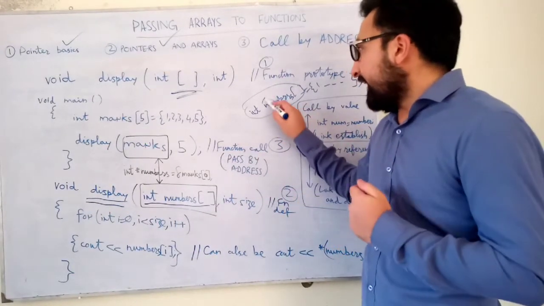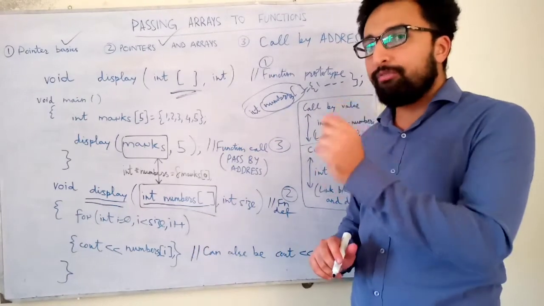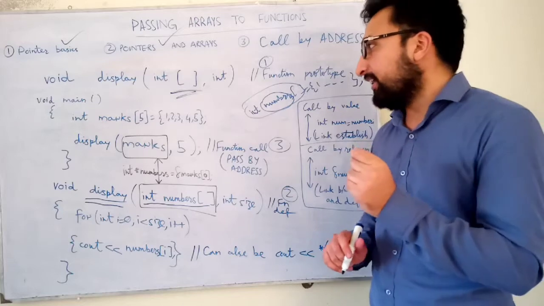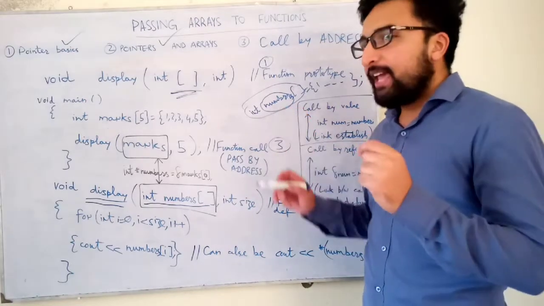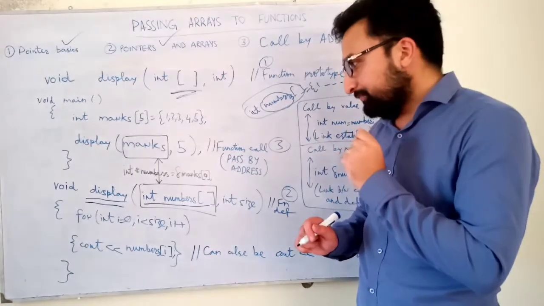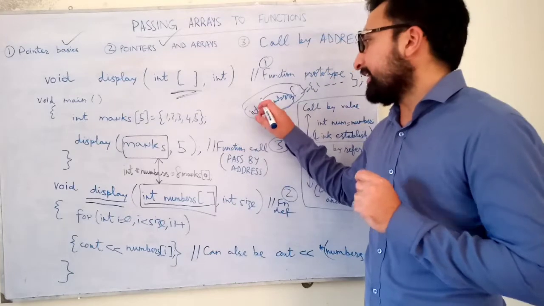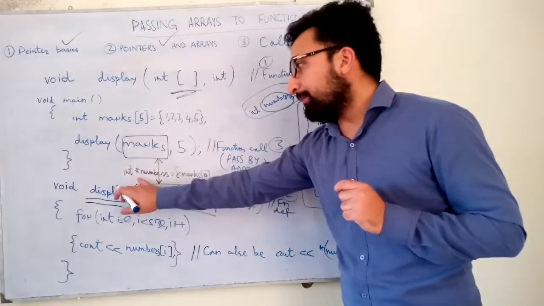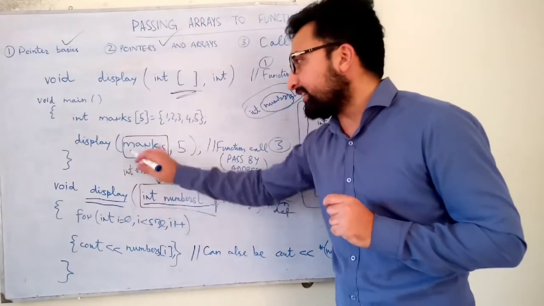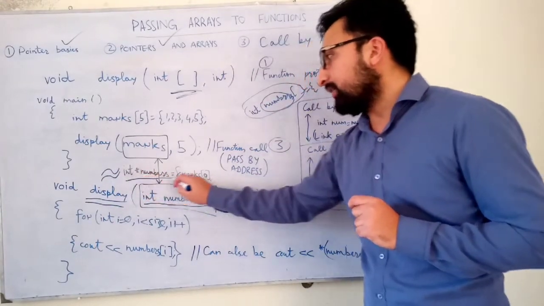Second thing, the array name is basically serving as the pointer to the first element of the array, i.e. the array name basically points to the starting address of the array. So we know that at the back end, this link establishment is basically equivalent to this particular thing here.